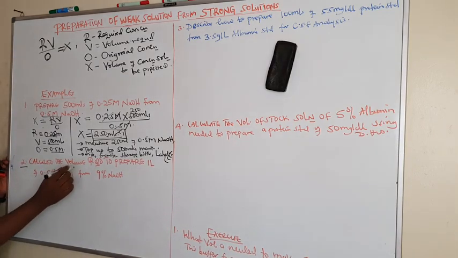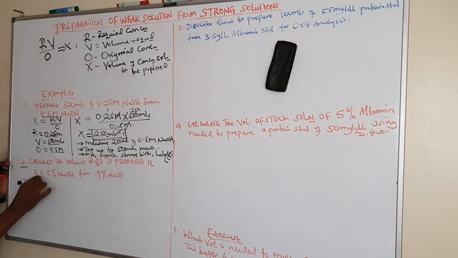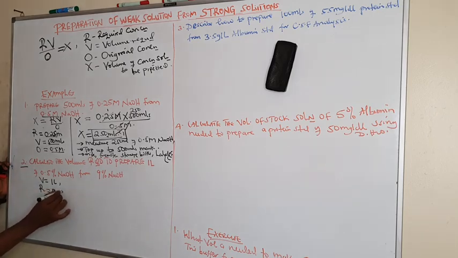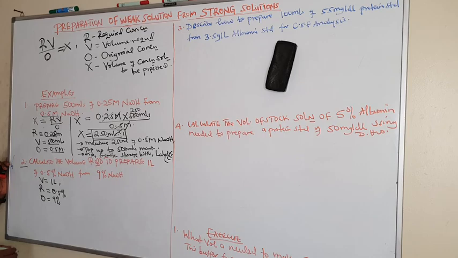According to this question, the volume we need to prepare is 1 liter, the required concentration is 0.5% sodium hydroxide, and the original concentration is 9% sodium hydroxide. X we don't have, which is what we are going to look for.